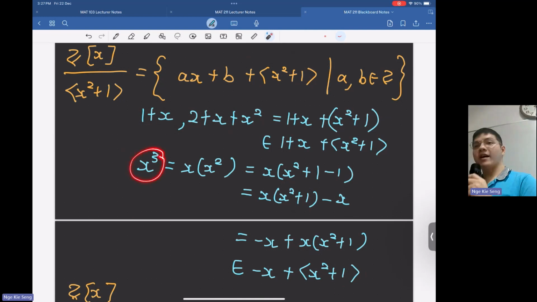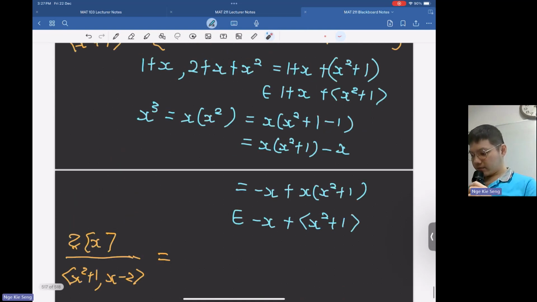So you can imagine you have higher power and a more linear combination. Then you can reduce to the multiple of x squared plus 1, like this. Actually, what I'm doing here is using division with remainder. I'm doing division with remainder because I write x cubed as a quotient times the polynomial that I want to divide with, plus some remainder.